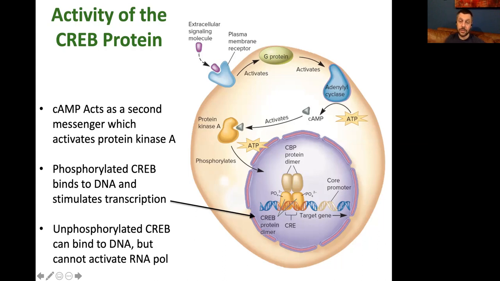Its job is to tack on phosphate groups to proteins, and PKA, this protein kinase A molecule, moves into the nucleus, tags these phosphate groups onto the CREB protein, which can then turn on a target gene. So this is an example of covalent modification activating a transcription factor. Again, this is a real world version of this concept. So look at those last two examples as examples of these mechanisms of action of transcription factors. So it kind of puts those concepts into real world practice.